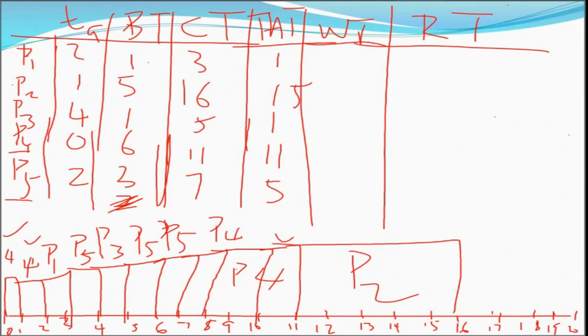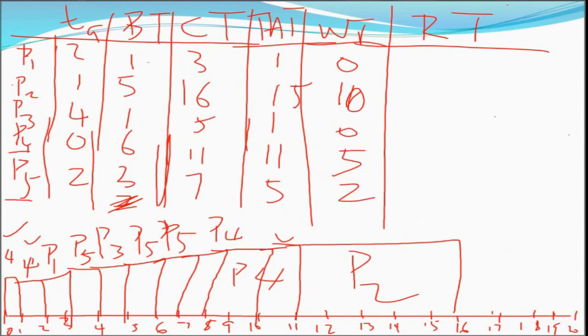So what's the answer now? So P1 is 0. P2 is 14, 11... is this 10? It's 10. Why? Because it's turnaround time minus burst time. So 15 minus 5. Then 1 minus 1 is 0. Then 11 minus 6 is what?